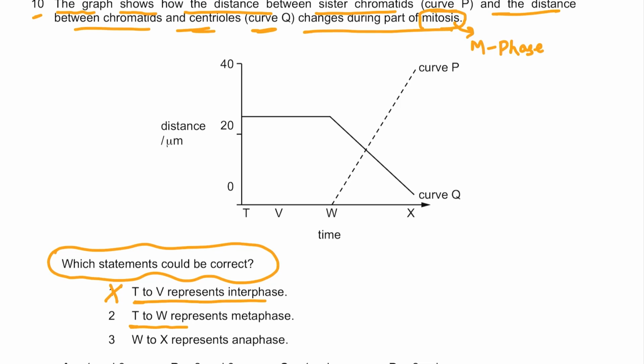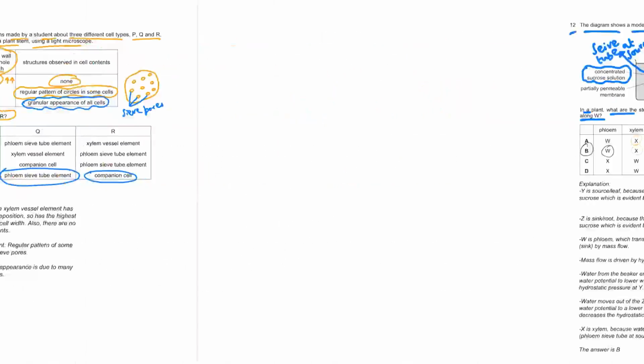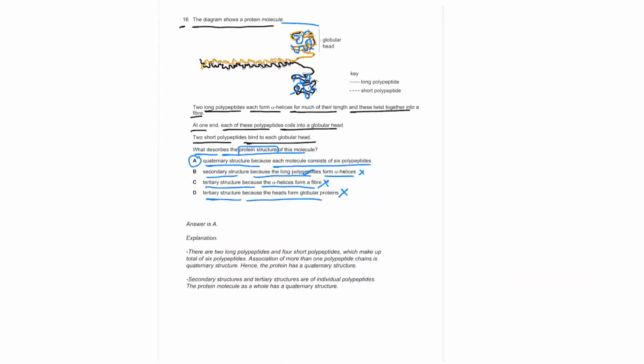T2W represents metaphase. Okay. So guys, curve Q represents what? The distance between chromatids and centrioles. And as we all know, during metaphase, the distance between the chromatids and the centrioles stays constant. You can look at the diagram that we discussed previously.